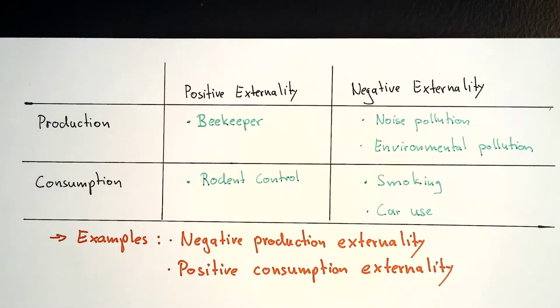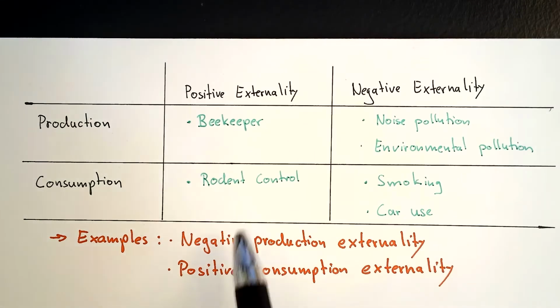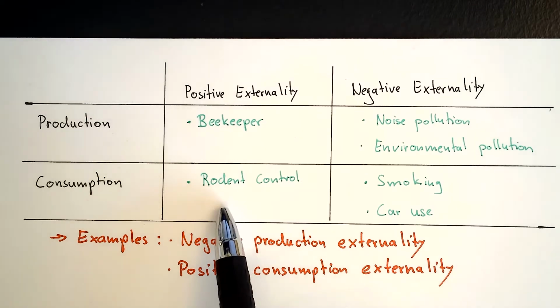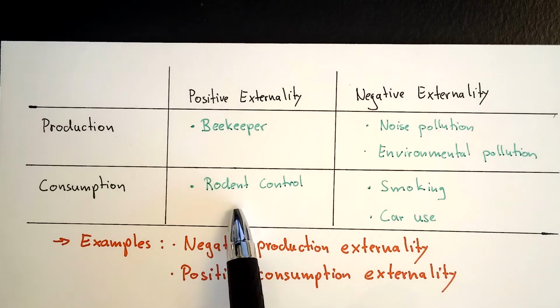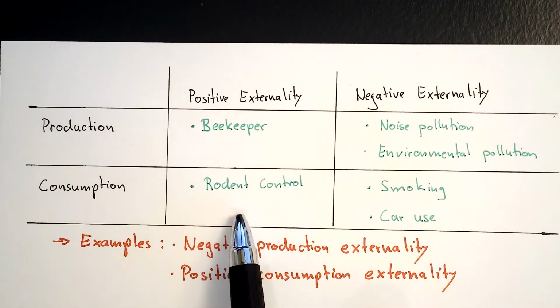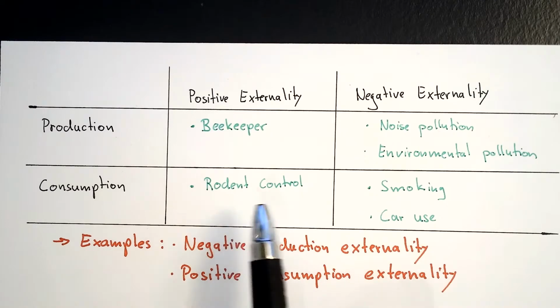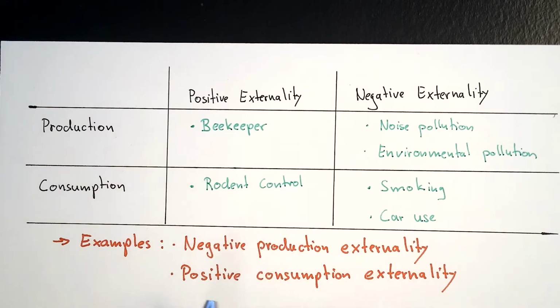If you take care of how many mice or how many rats you have, then you are not only providing a benefit to your own home, but it also means a lower rodent population that provides benefits to your neighbors. So here, rodent control would be a positive consumption externality.